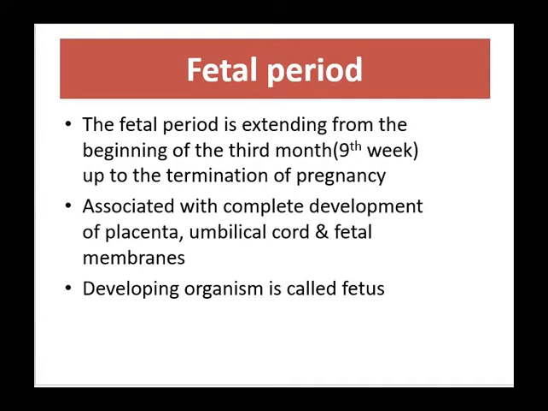Also, we have crown heel length, or standing length, from the highest area of the vertex of the skull or the head to the heel of the embryo. In addition to crown rump length and crown heel length, we have other important biometric measurements, including head circumference, biparietal diameter, femoral length, and abdominal circumference.